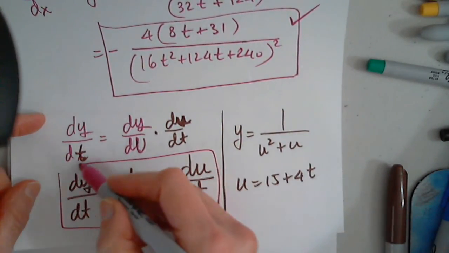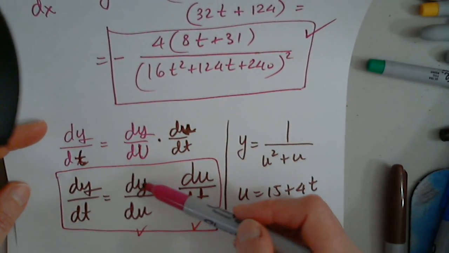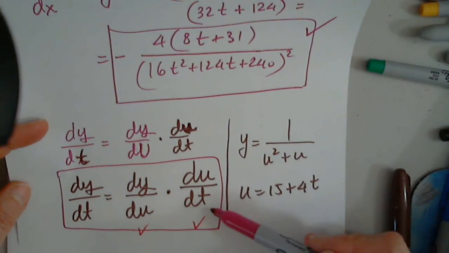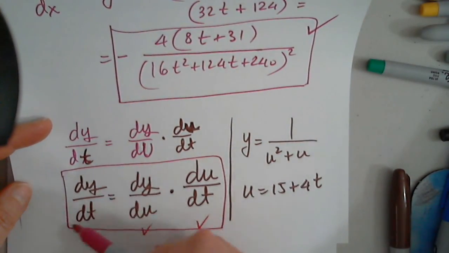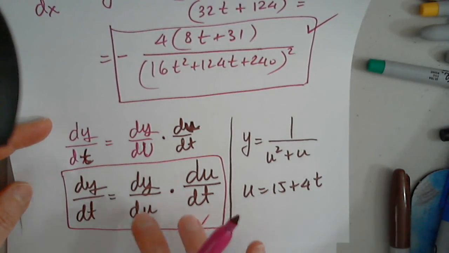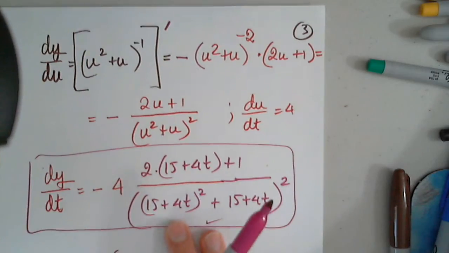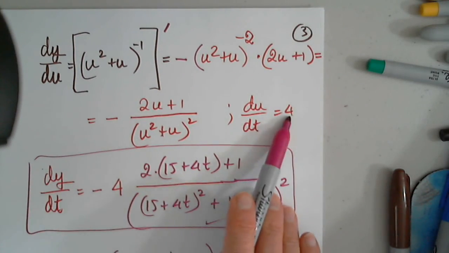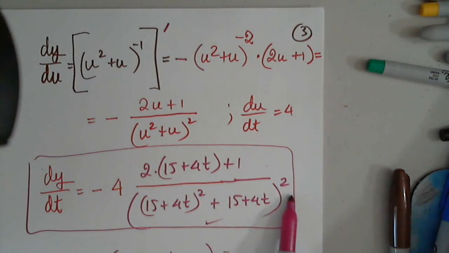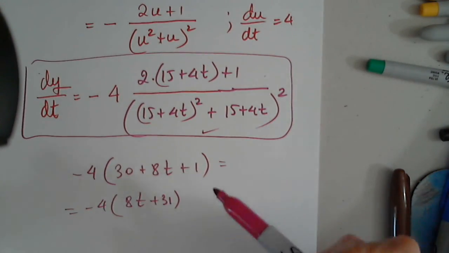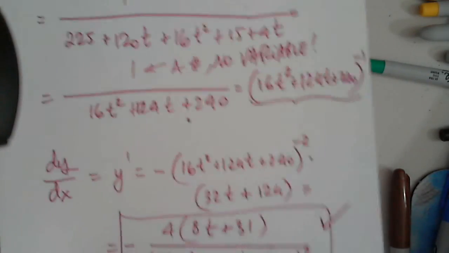I will write this definition first. dy over dt is dy over du times du over dt. I will determine these two separately, and then I will construct this by putting the product together, which we just did. So this was the 4 with a negative in front, so this was the first one. I just wanted to make sure that the answer is correct, and I verified that it's the same answer.